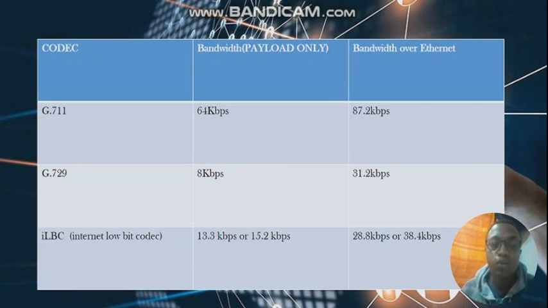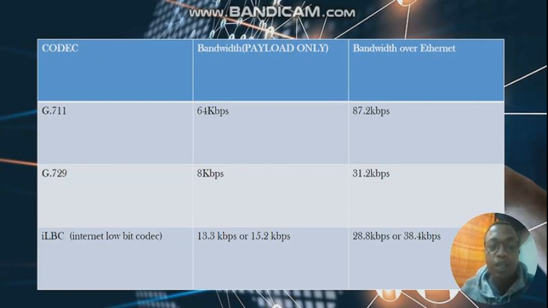The G729 had 8 kilobits per second, and this would be basically compressed voice, used over wide area networks so that the traffic would reach further. Now, when you put it over Ethernet, the resulting bandwidth would be 31.2 kilobits per second, and these were the basic standards that were used earlier.